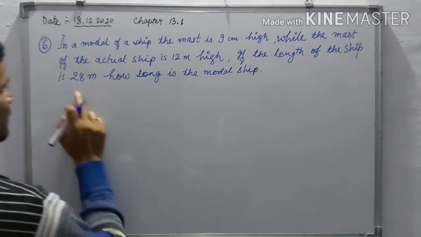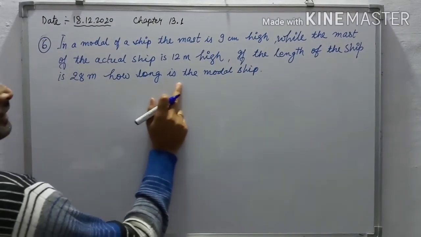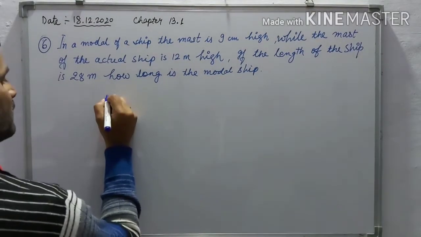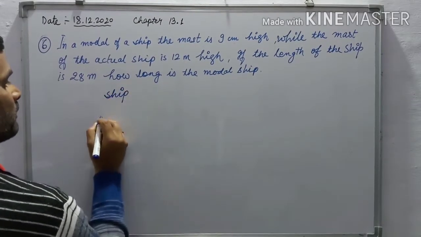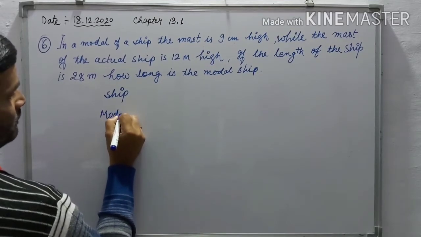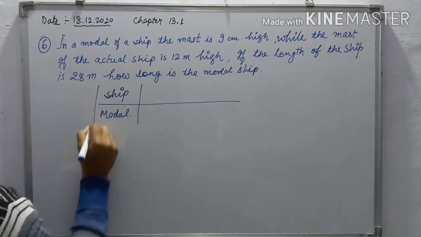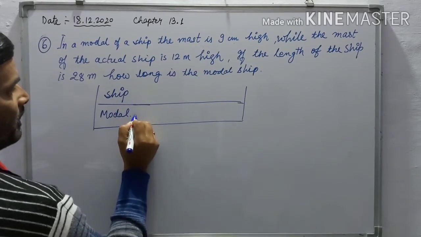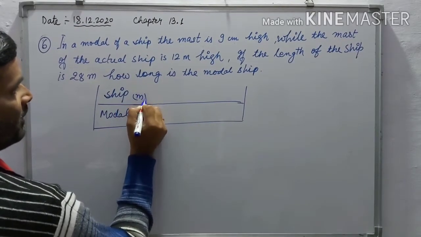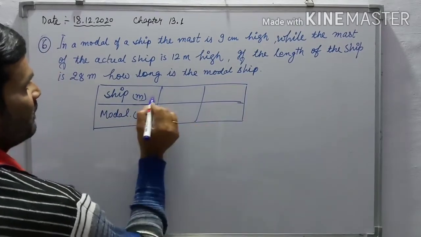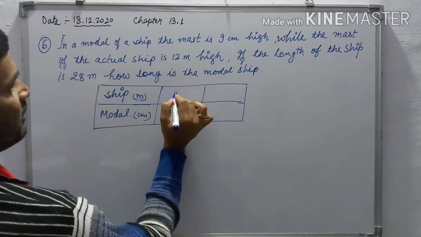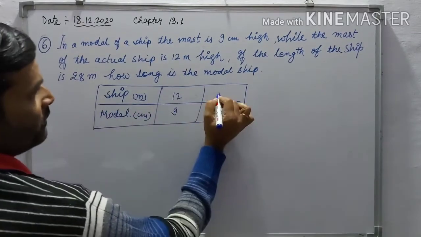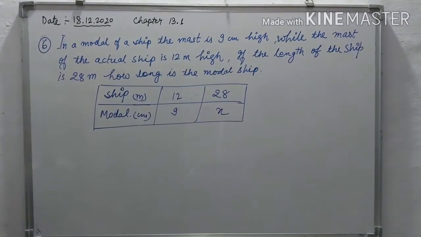If the length of the ship is 28 meter, how long is the length of the model of the ship? So first write the ship in one column and the model in the second column, because in the model the unit is centimeter and for the ship it is meter. The ship is 12 meter with respect to 9 centimeter, and the ship is 28, and we are asked to find the length of the model.